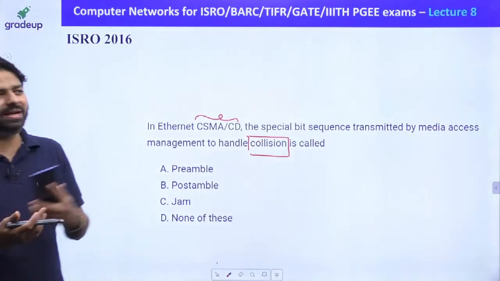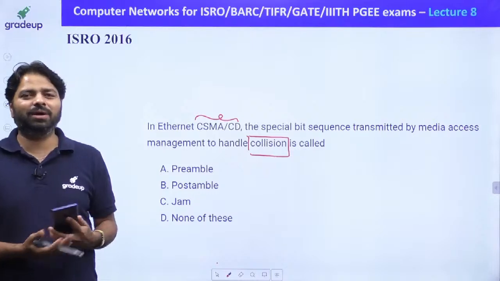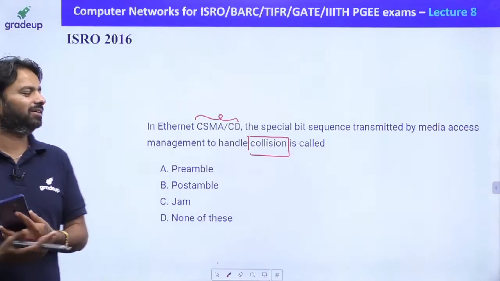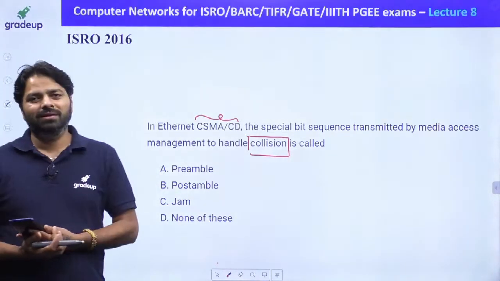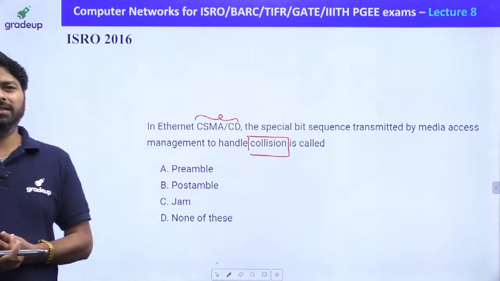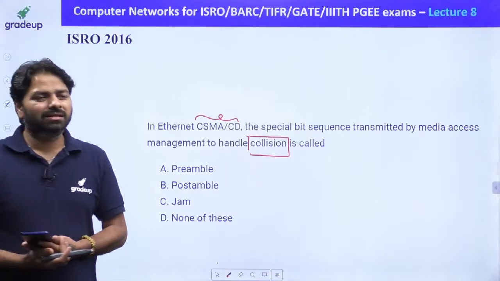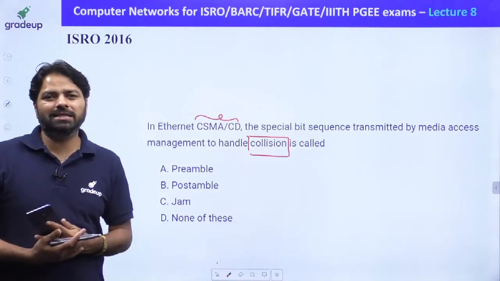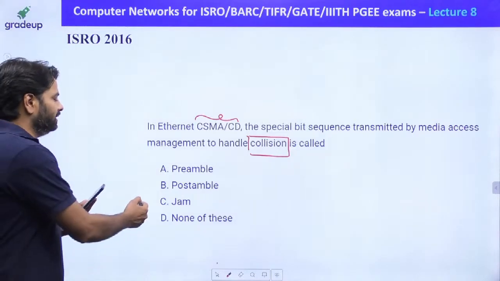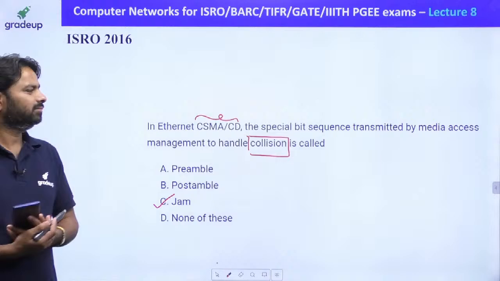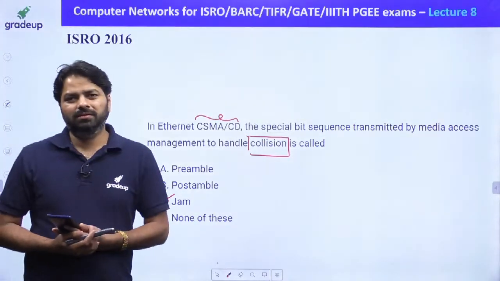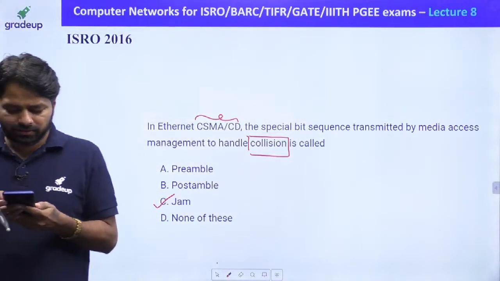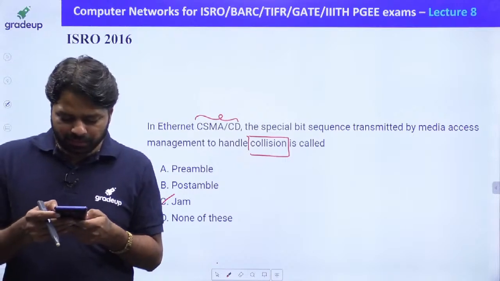Preamble, postamble, something like you are adding something before and something after. And jam, yeah, jam bits, jamming signals, we call it as jamming bits. Exactly, jam. Very easy to remember, jam.